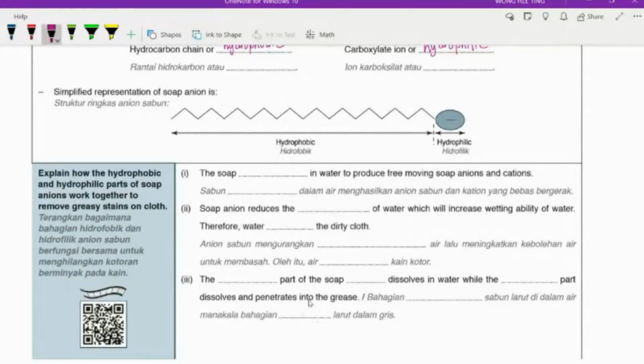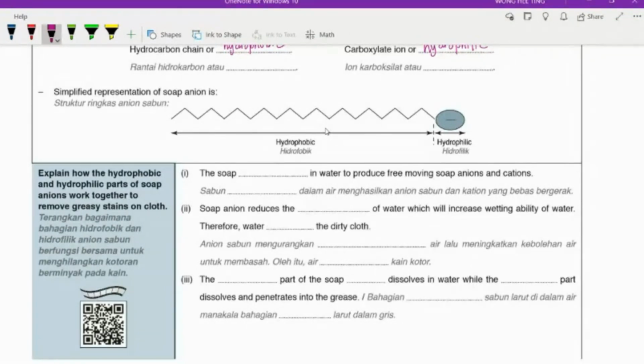During the cleansing action, the tail is soluble in the grease, and the head is soluble in the water. When the tail goes into the grease, it pulls the grease, lifting it out from the cloth. And you can see it will be removed when you wash with the water.